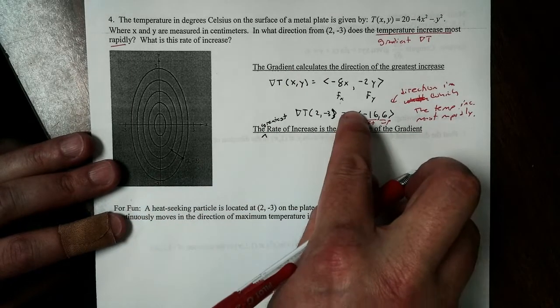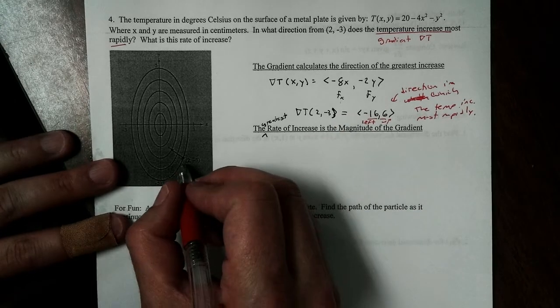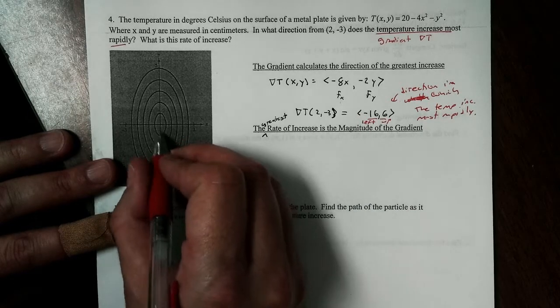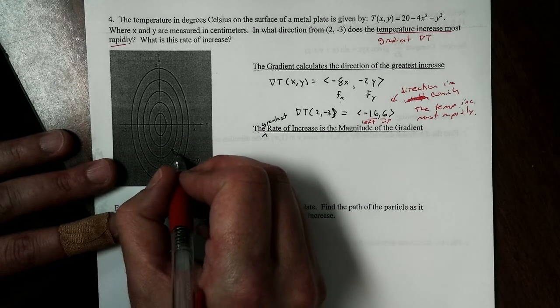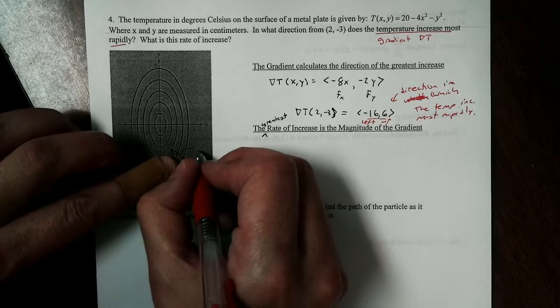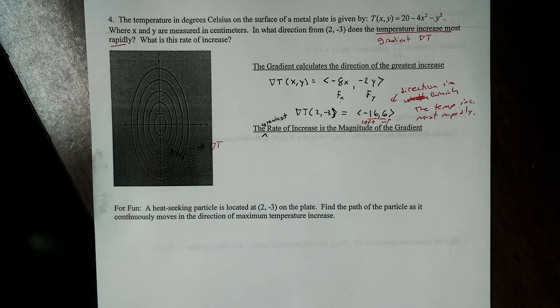But we're not going to reduce it, and we'll talk about why in just a moment. So if I go in the direction left 16, up 6, it's going to put me in the direction of the fastest increase in temperature. They drew a little arrow right here for us, and remember, this is our gradient. That is the direction that we are going to be heading.